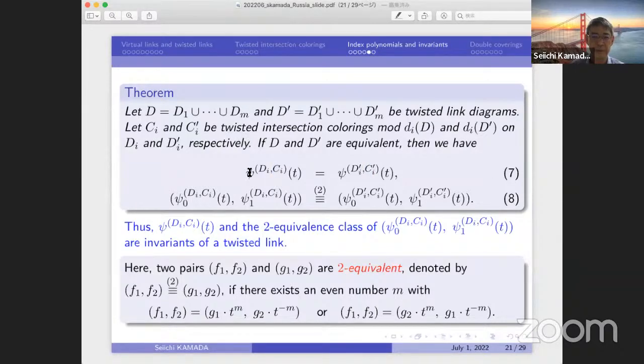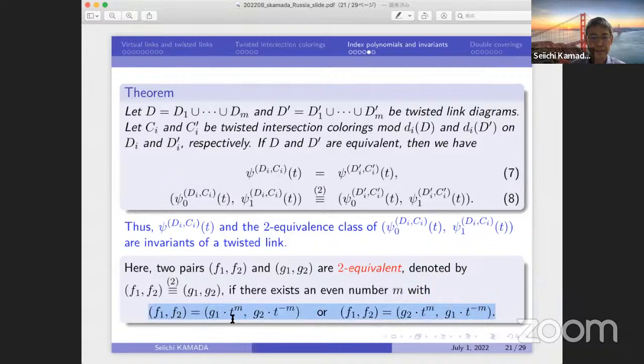That is important. And the second one, unfortunately, Psi 0 and Psi 1 change. It depends on coloring, but the pair of Psi 0 and Psi 1 is invariant under two equivalence. Here, what is two equivalence? Two pairs of polynomials are two equivalent if there is an even number m satisfying this.